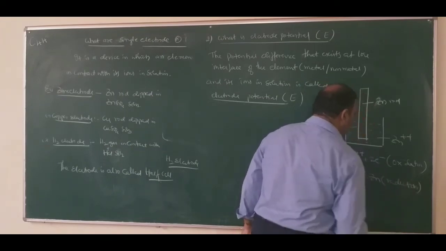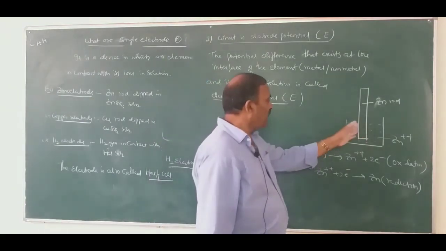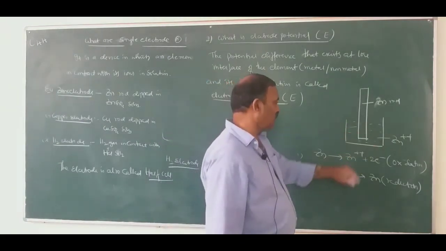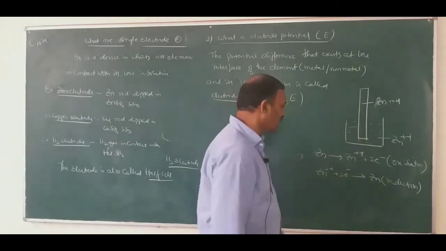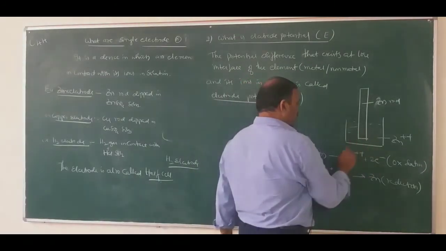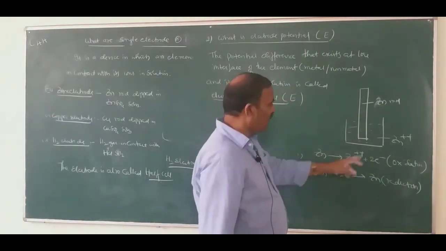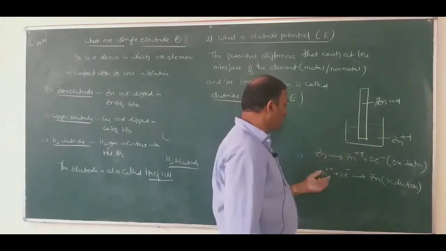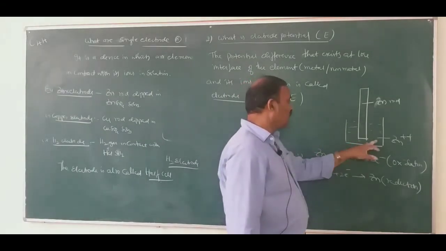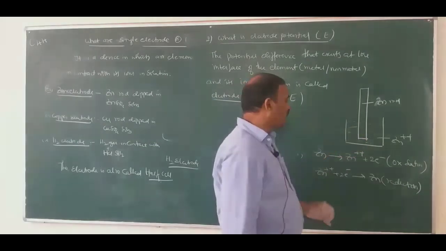So when a metal is dipped in metal ions, metal atoms may undergo oxidation and be converted into metal ions by losing electrons. This process is known as oxidation. On the other hand, the metal ions present in the solution have a tendency to gain the electrons and convert into metal atoms and deposit on the electrode.